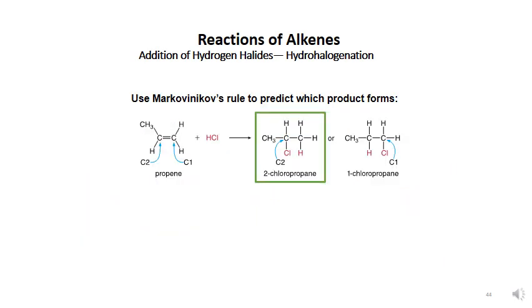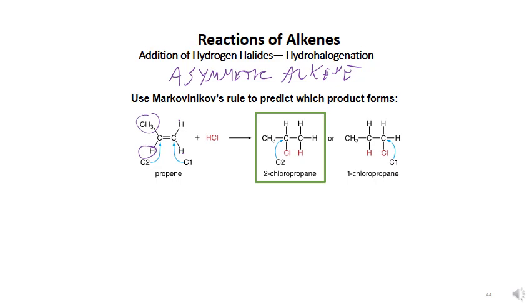So if you were going to look at propene, remember H is on this side, a methyl and an H, so this is an asymmetric alkene. And you only have to worry about it with asymmetric alkenes.